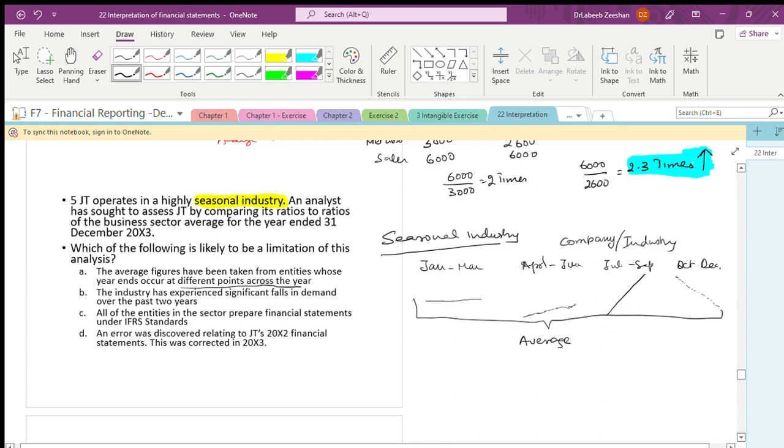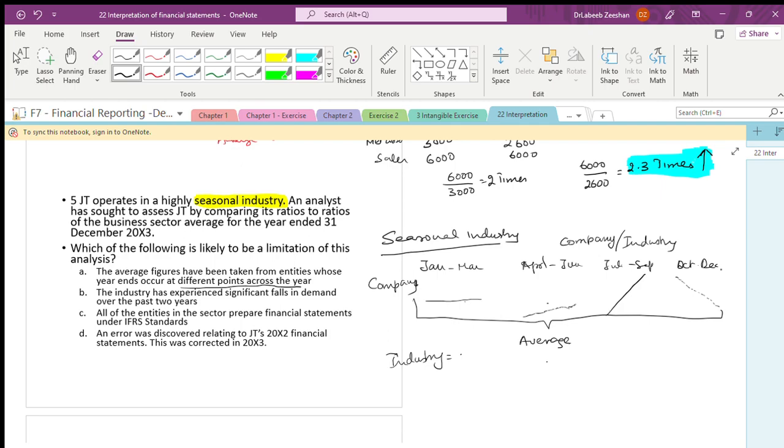Always make it a point whenever you are making an analysis: this is the company's performance, the firm's performance, and you are talking in terms of the industry also. There should be uniformity, there should be a comparison. You always compare January to March, what happened in industry, April to June, what happened to industry. Like this you have to make a comparison. In this case we are never going to compare 2 years of the same industry.